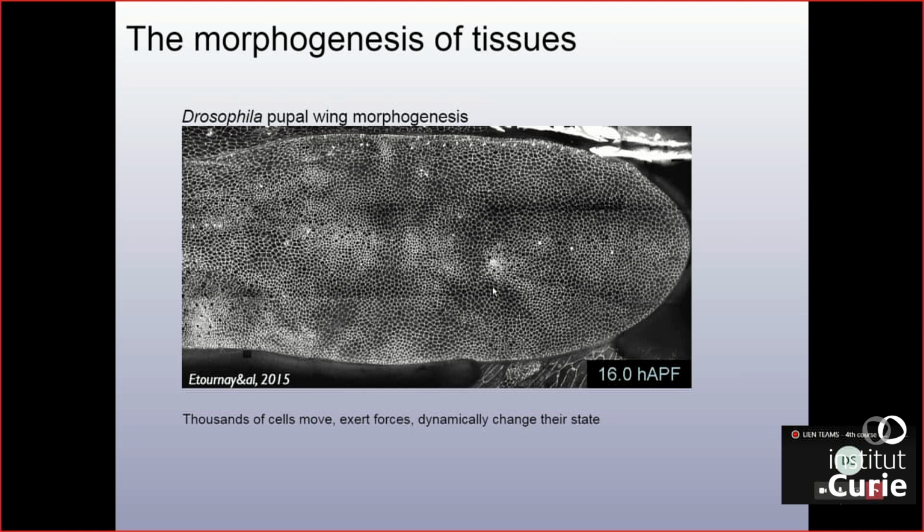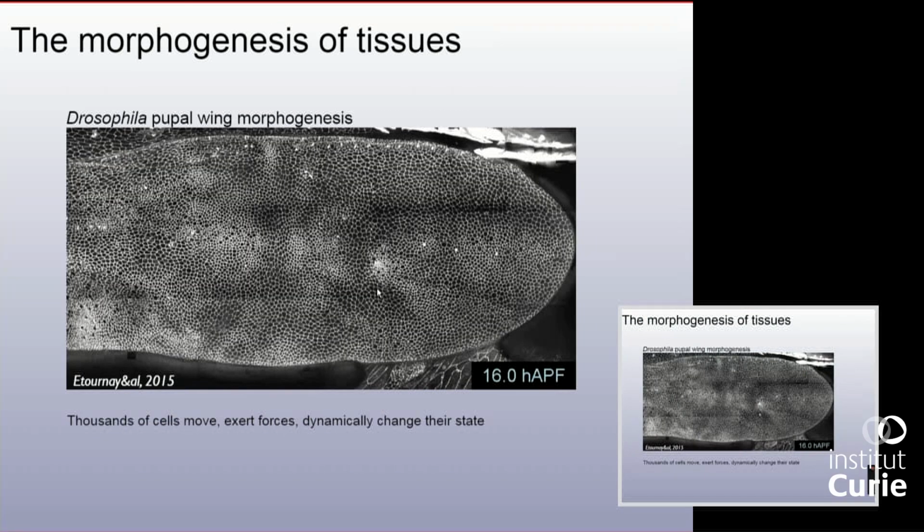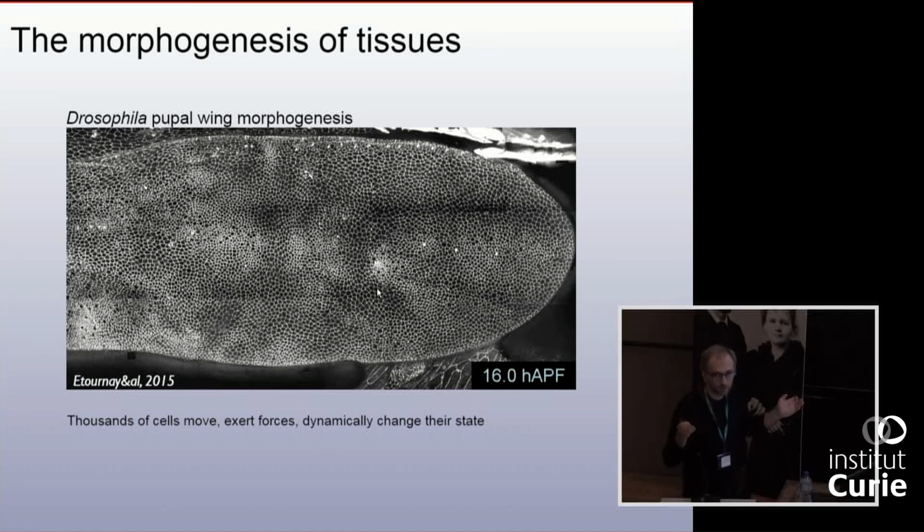It looks like a macroscopic object. And there is a similar question of how much one can say about moving from the cellular scale to the macroscopic tissue scale. If we compare this to a physical system like a gas, where there are 10 to the 23 particles, of course we are not at this order of magnitude. There are thousands of cells, not millions or millions of millions of cells.